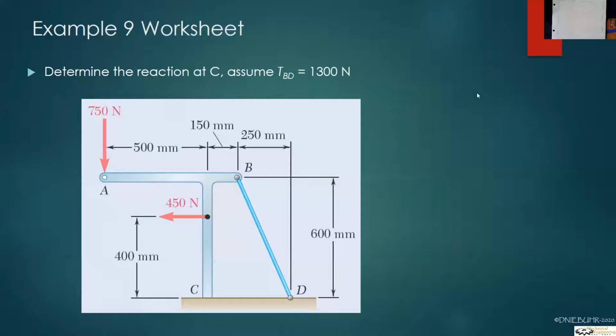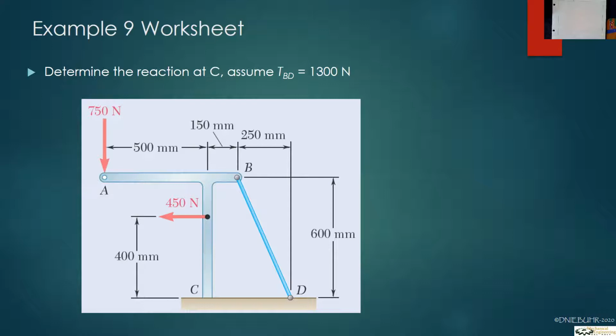So now here's an example of a T, for lack of a better word. You have a force applied at A of 750 newtons. You have the 450 newtons applied at that point, 400 millimeters above C. And then you have BD, and we're given the tension BD is 1300 newtons.